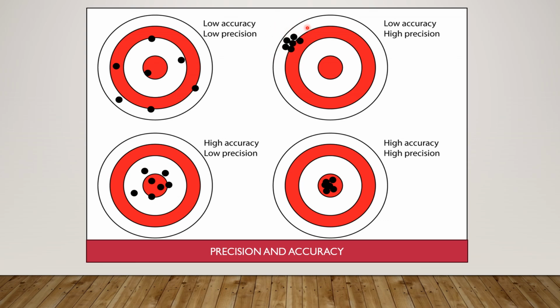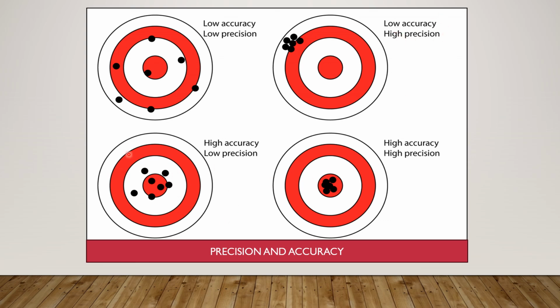Every time the result comes, it is very close to the previous one. Initially it came 98, then 99 and 100. So these are all very close values. But there is low accuracy because they are away from the actual true value. So in this picture, we can see low accuracy and high precision.